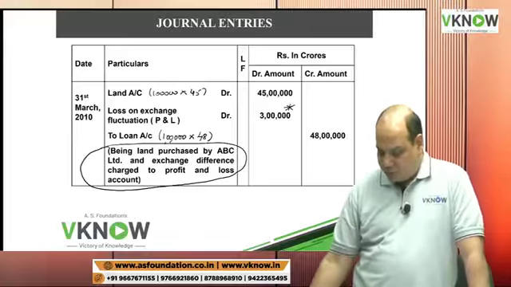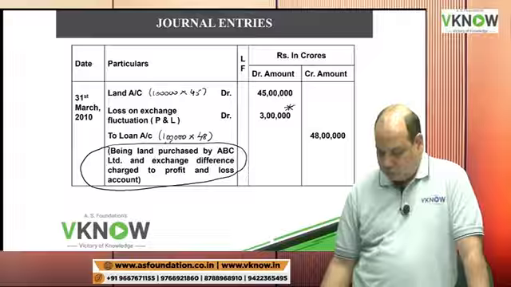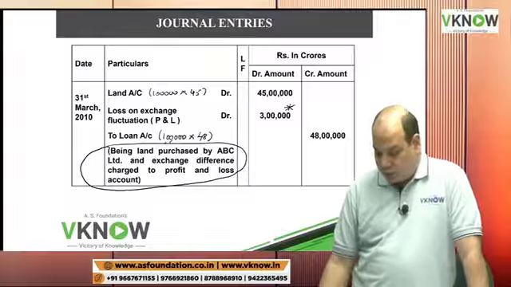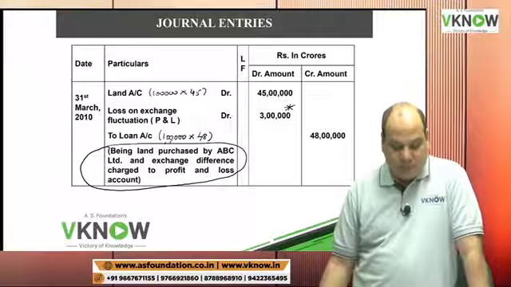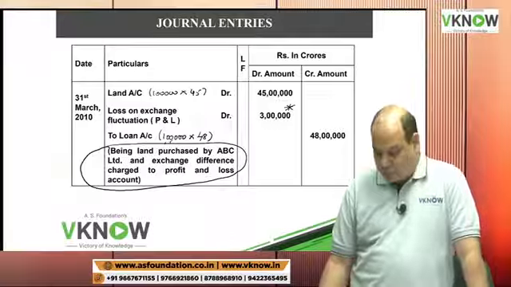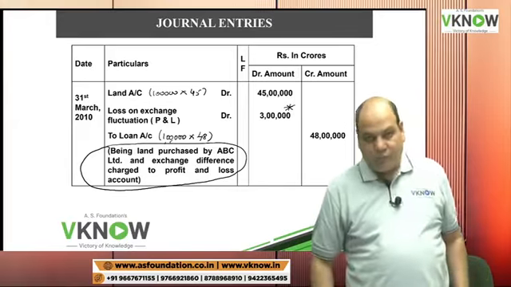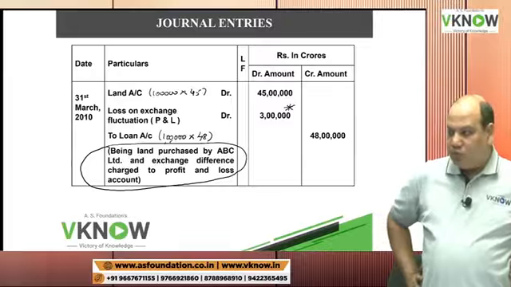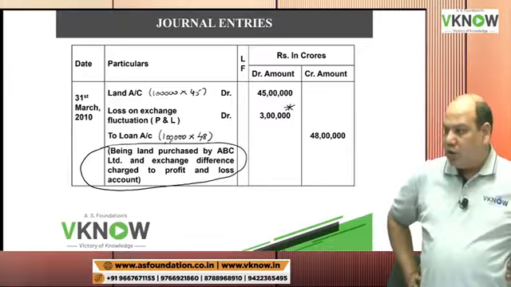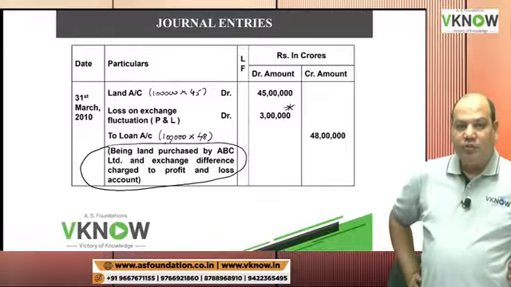Being land purchased by ABC Limited, an exchange difference charged to P&L account. Now see, right now it is integral.